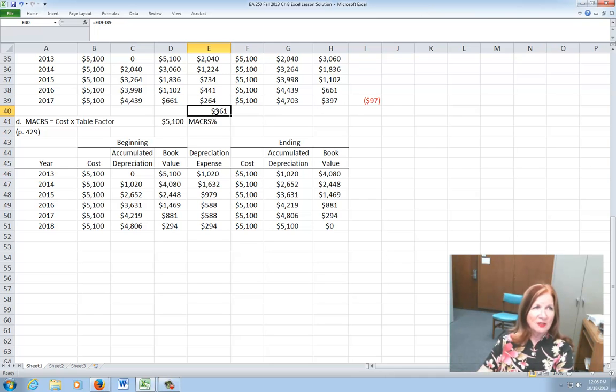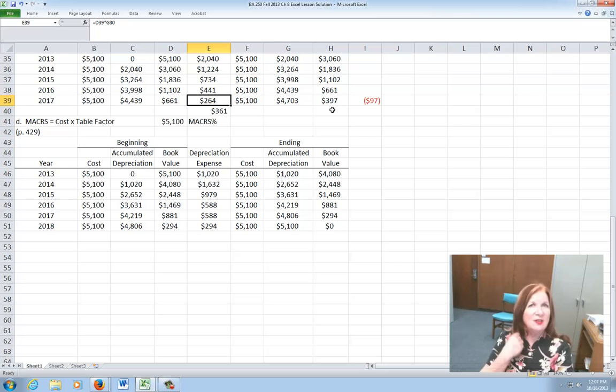So when I look down here, I can force what that has to be, or I can come back up here to the cell I was in, put that first computation in parentheses and add $97 to it and force this final book value to $300. And when you hand yours in to me, this should be $300.